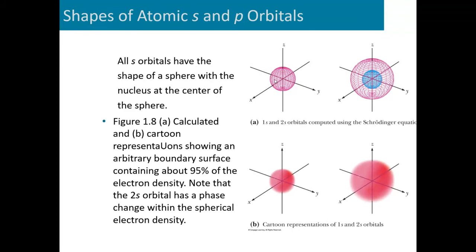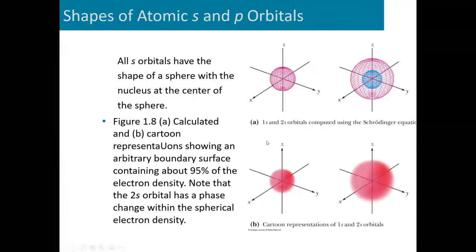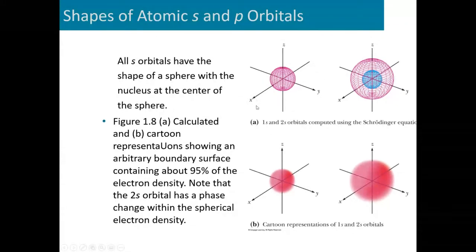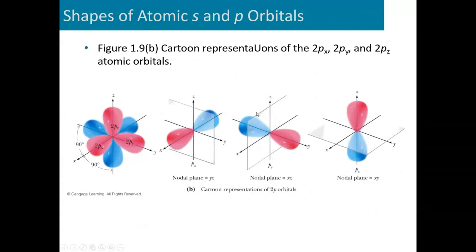That means that somebody used computational analysis, most likely using some sort of Schrödinger equation, to calculate the probability of finding those electrons within this volume. By doing so, they confirmed that the shape of the s orbitals is spherical.